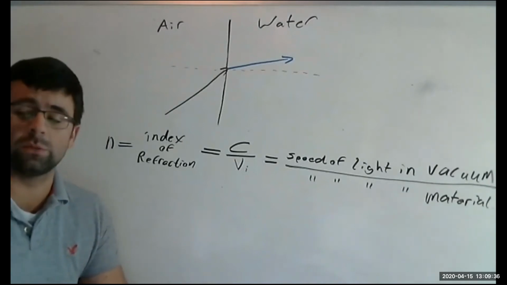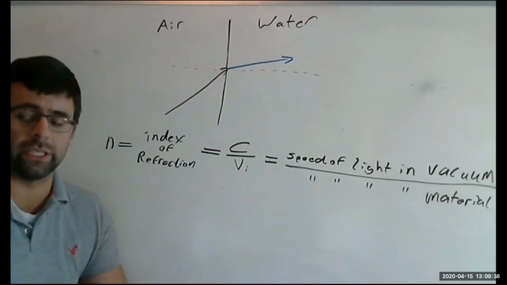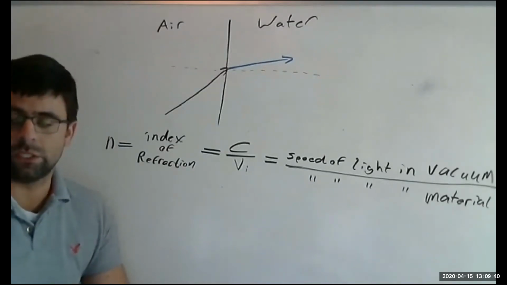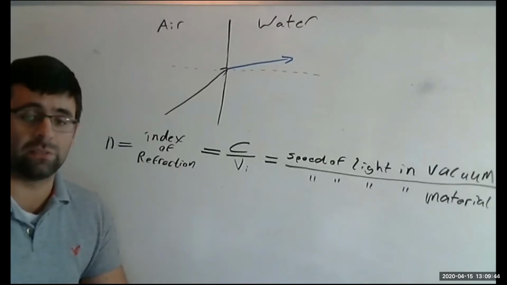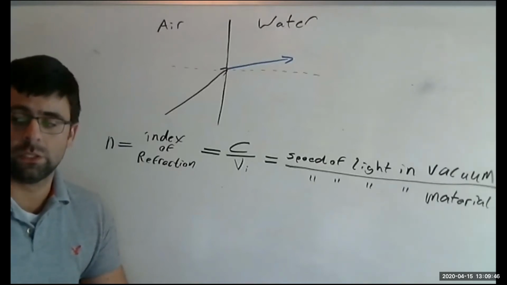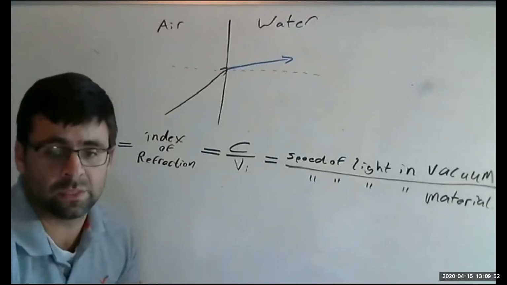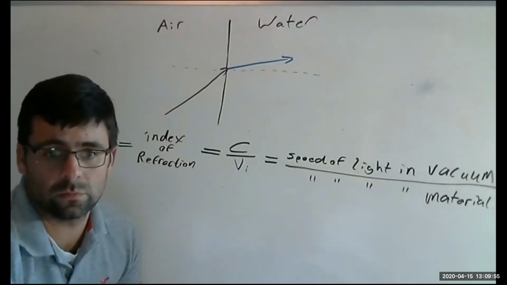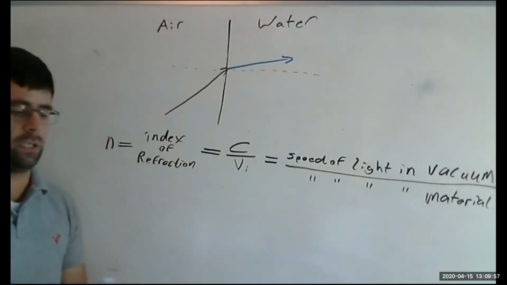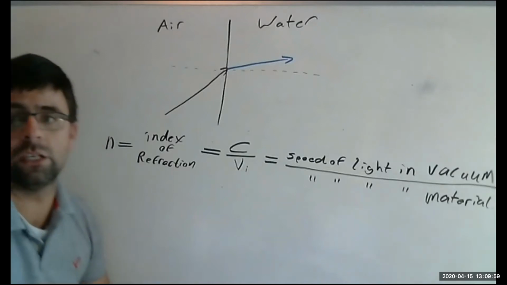Air is pretty close to space, so they usually say that it's equal. But it's the speed of light in a vacuum, and then the speed of light in some material. So let's look at some of these.